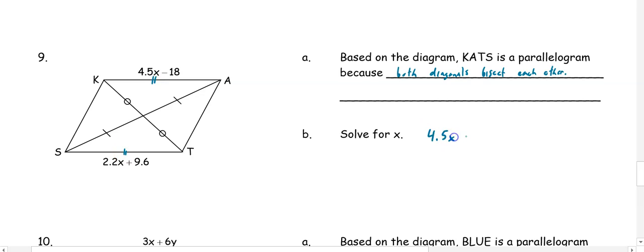So 4.5x minus 18 has to equal 2.2x plus 9.6. So we get 2.3x is equal to 27.6. We can divide by 2.3, so x is 12.